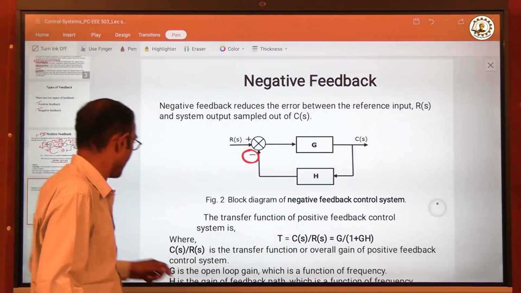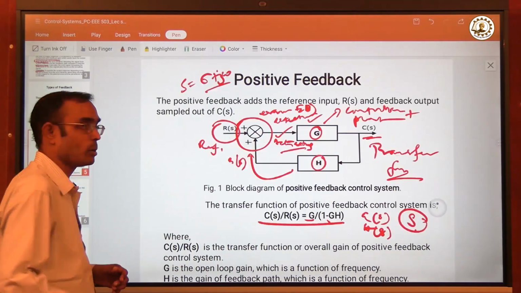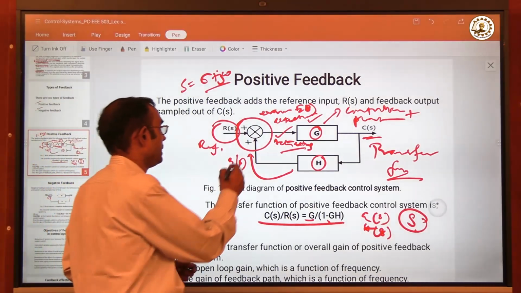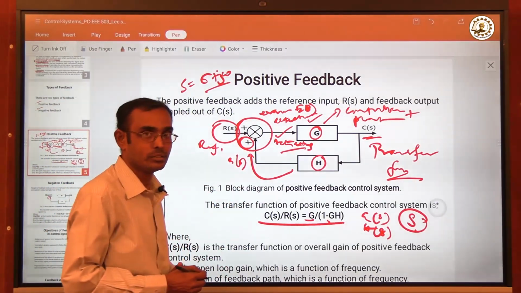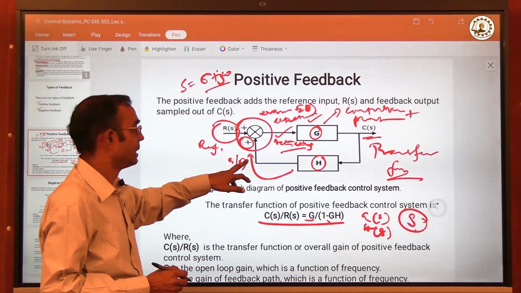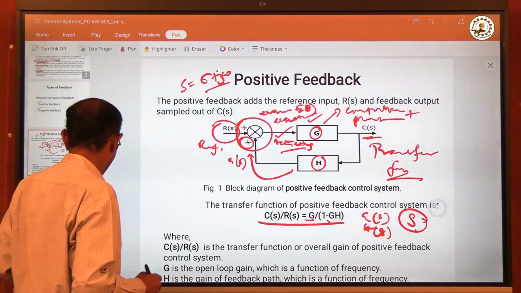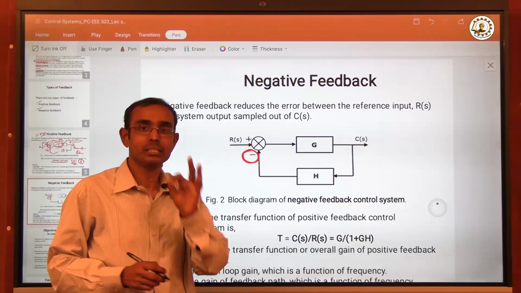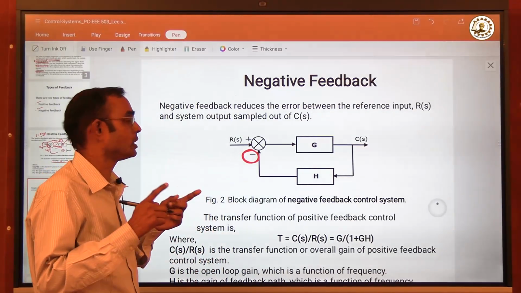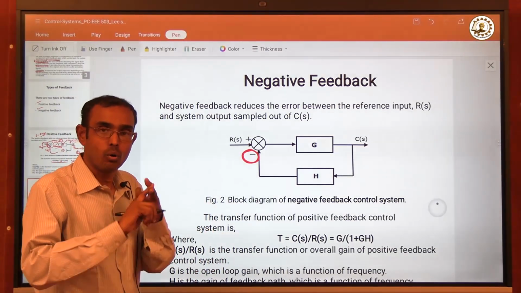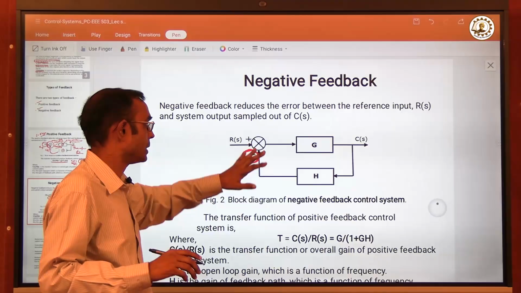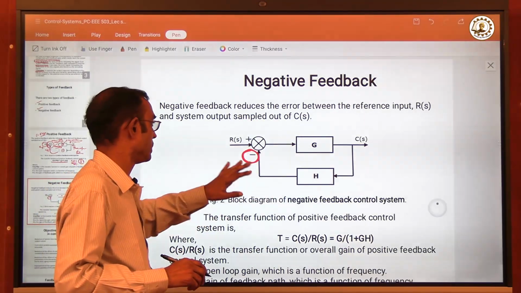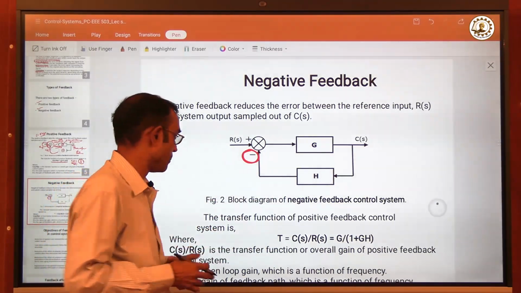When we discussed the positive feedback, it was plus. Just note it kindly that it is plus. But while we are discussing negative feedback, this is minus. So this is the only basic difference between the two diagrams. All the other things are the same.